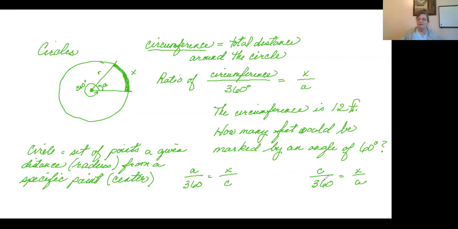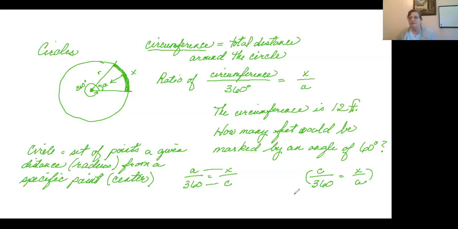It doesn't matter how you set it up as long as A and X go together and the circumference and the 360 go together. We can either put A to X and 360 to C like this, or we could say the circumference and the 360 are the same as the ratio of A to X.